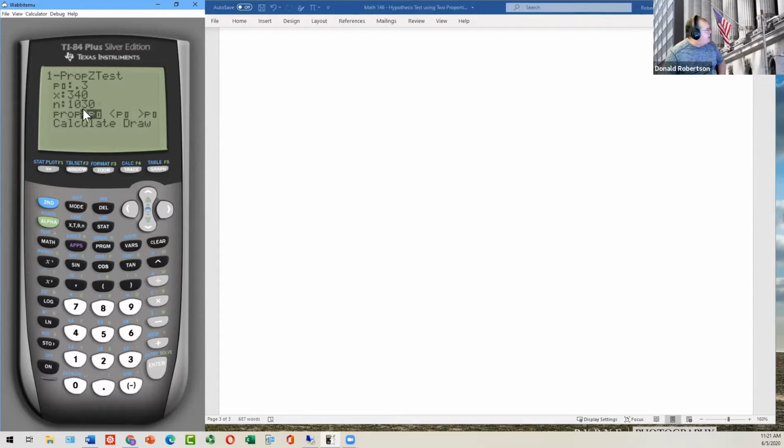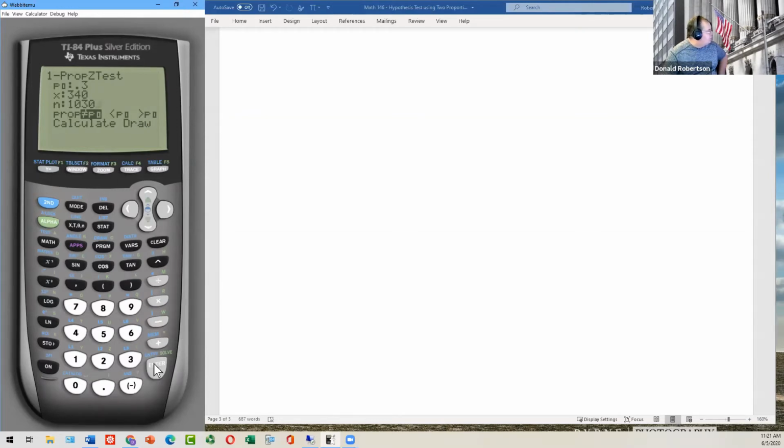Now, along here, you have the choices. And the choices are, is your percentage not the same as the original? Is the sample percentage going to be less than the original? Or is it going to be more than the original?